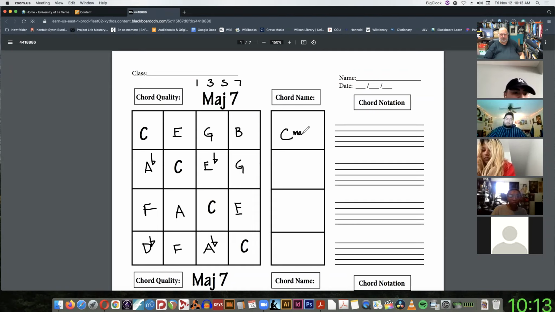And we like the MA or the MAJ. We don't like M. This is A flat major 7. F major 7. And then D flat.